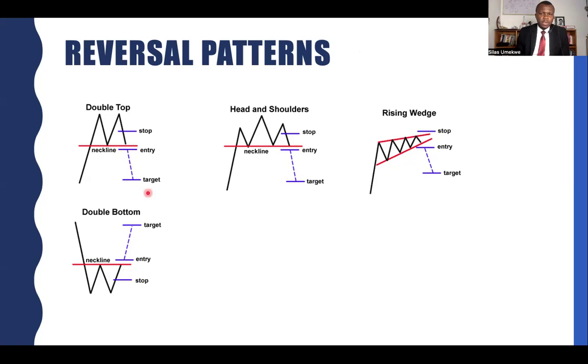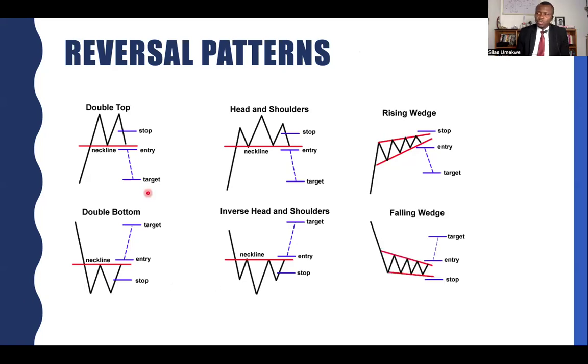Now let's look at the inverted head and shoulder. That's what I showed you in the Bitcoin chart some minutes ago, right? Then we now have also the falling wedge. Here, market is behaving as if you have Mami Water Spirit.